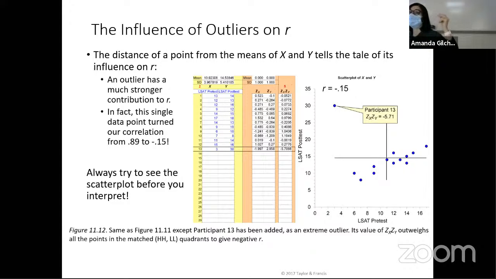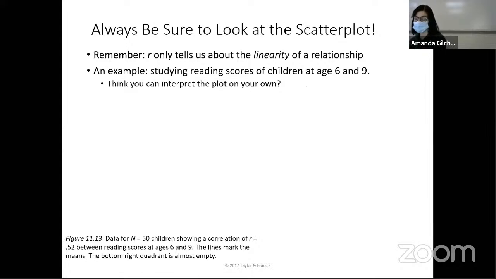That means the correlation coefficients can be dragged around by outliers. Okay, so always, always, always look at the scatter plot, because R is only going to tell us how linear the relationship is.